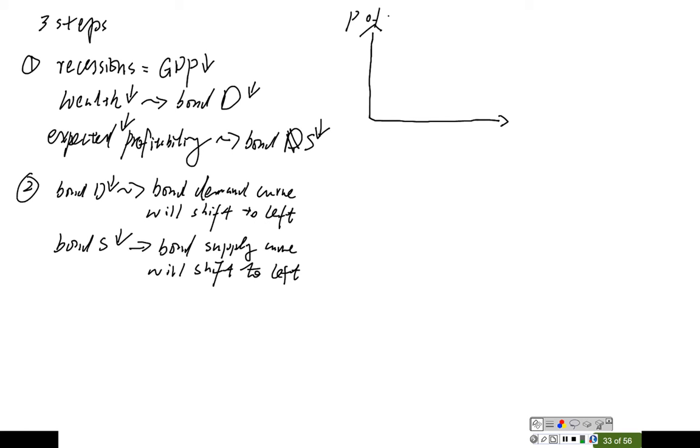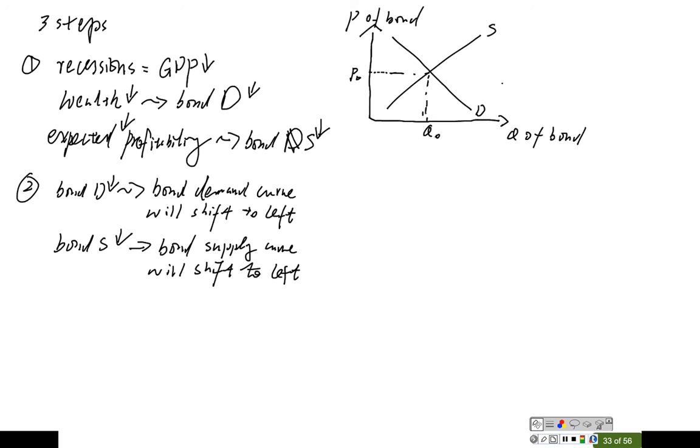Price of the bond, quantity of the bond, supply and demand. Again, you can assume P0 and Q0 are the initial price and quantity.